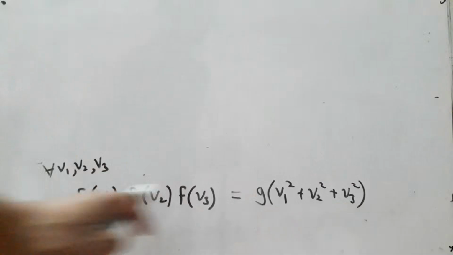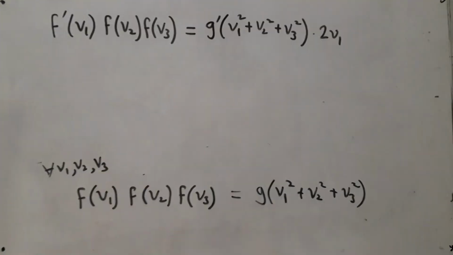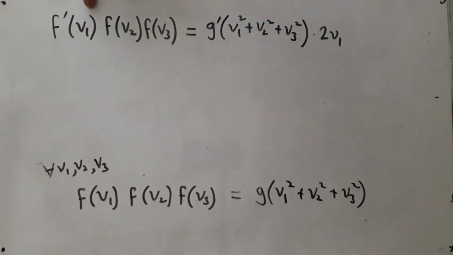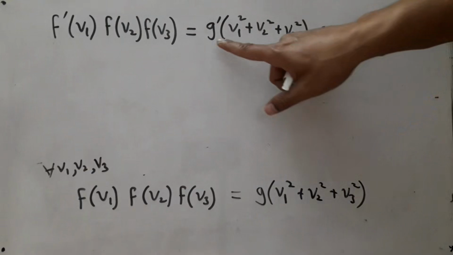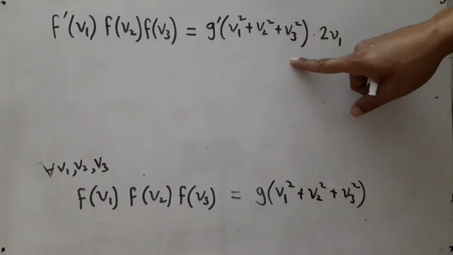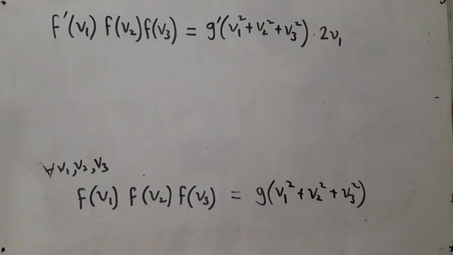So differentiating both sides with respect to V1, keeping V2 and V3 fixed, I get F prime V1, derivative of F. These two things remain unaltered. Chain rule, G prime, this norm square times derivative of V1 square, that is 2V1.